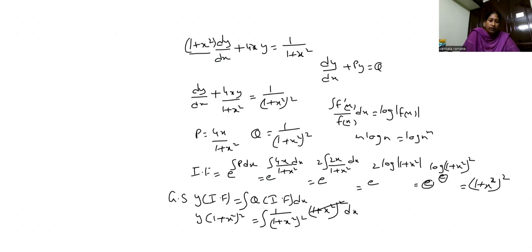We get integral of 1 dx, that is x. Finally, after completing the integration, we have to keep the integration constant. So we get the solution y into (1 plus x square) whole square equal to x plus c. This is the general solution for the given differential equation.